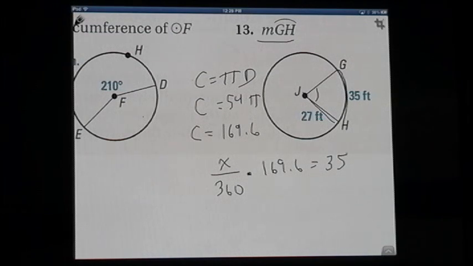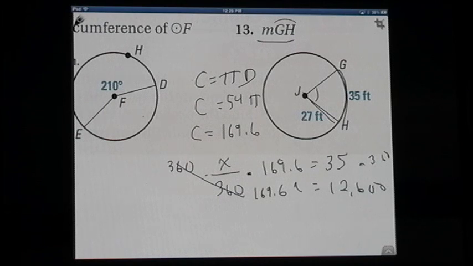Okay, that's one way to work it, in which case we're going to multiply both sides by 360. And that makes this cancel. And we get 35 times 360 on the other side, which is 12,600. And then over here, we're going to write this so that it looks more algebraic: 169.6x.